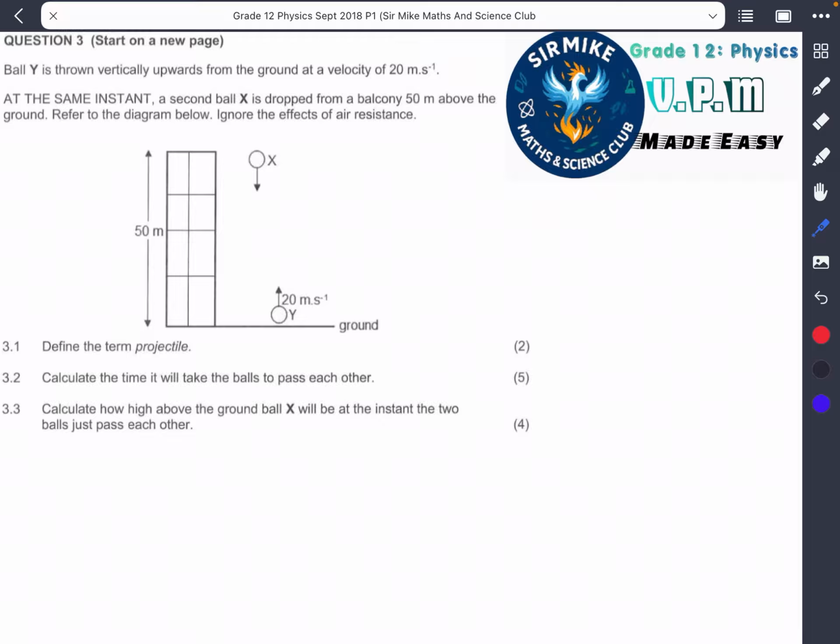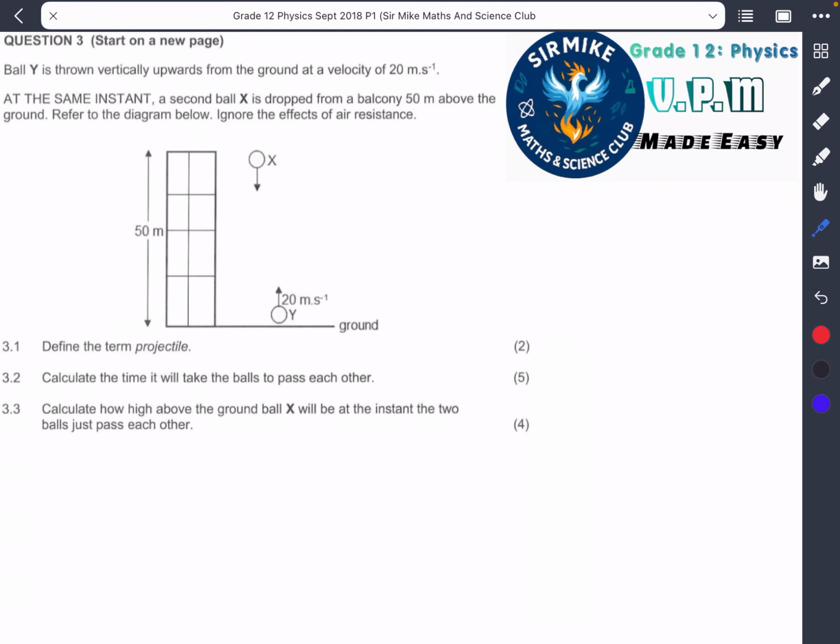For 3.1, they say define the term projectile. The term projectile simply means an object that has been given an initial velocity and moves under the influence of gravitational force only. That's the formal definition for projectile.